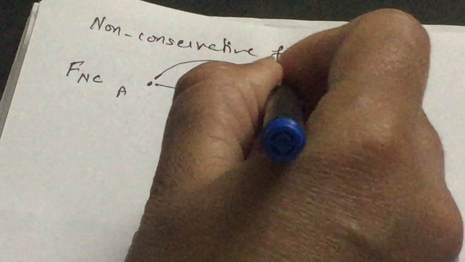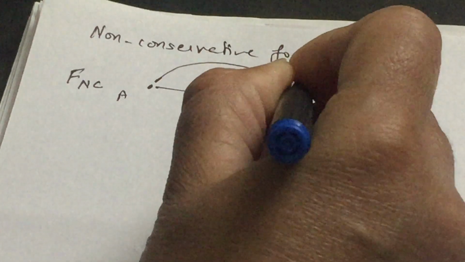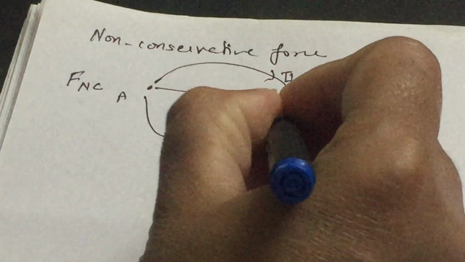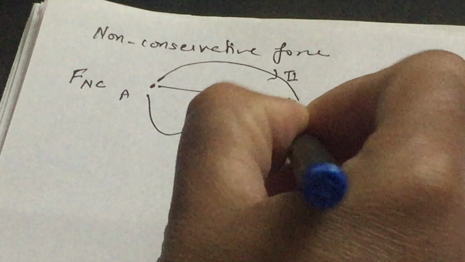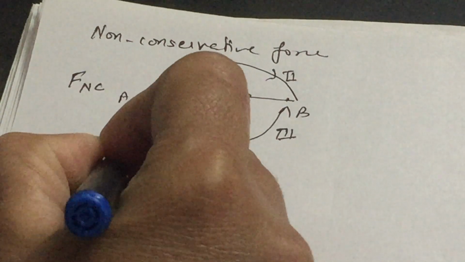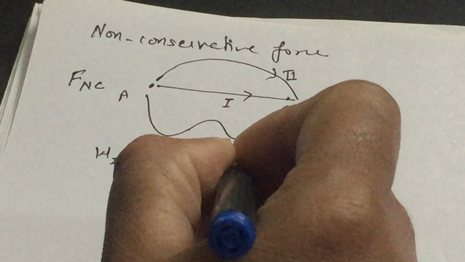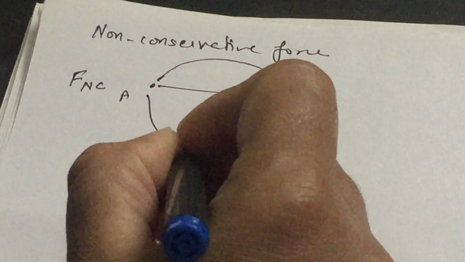Let us consider this is the first path followed by the body. Let us consider this is the second path followed by the body moving from A to B, and again consider this is the third path. Then for every case the work done will be different if the force is non-conservative.